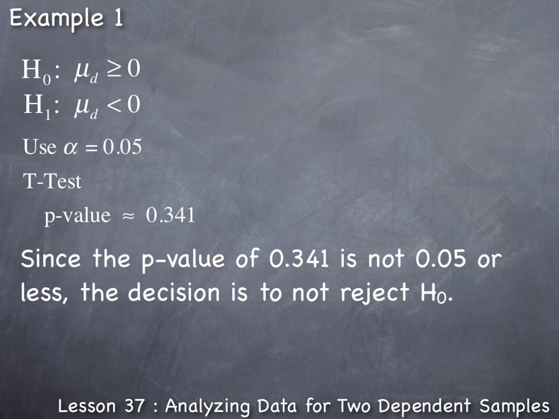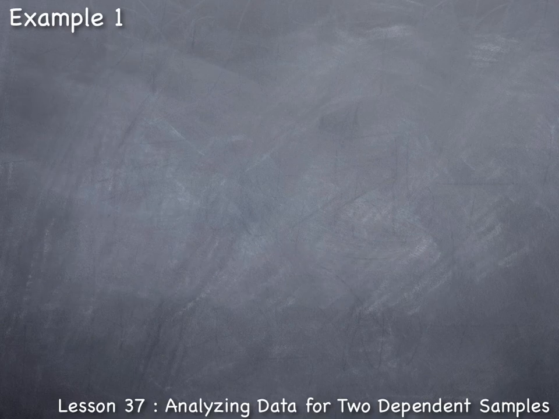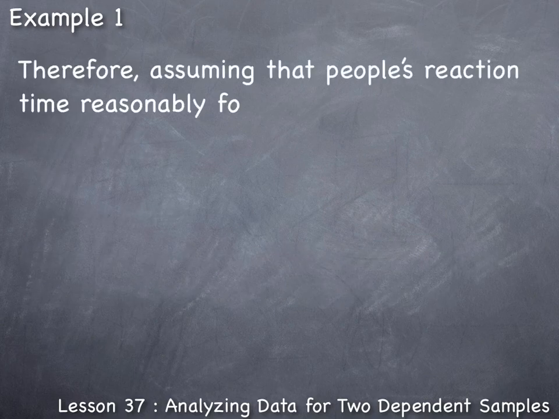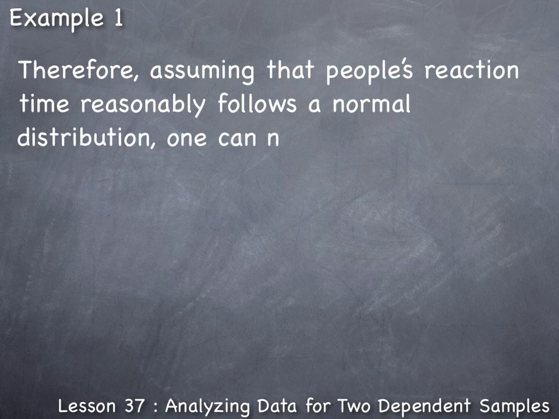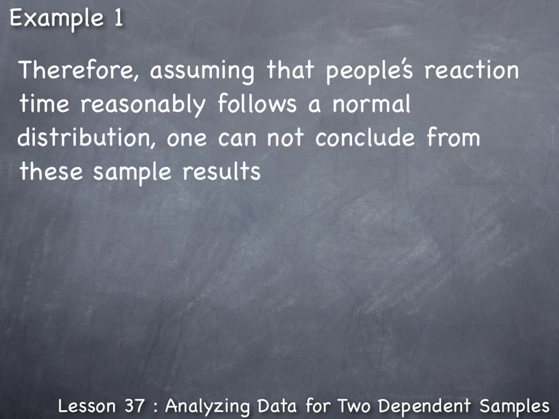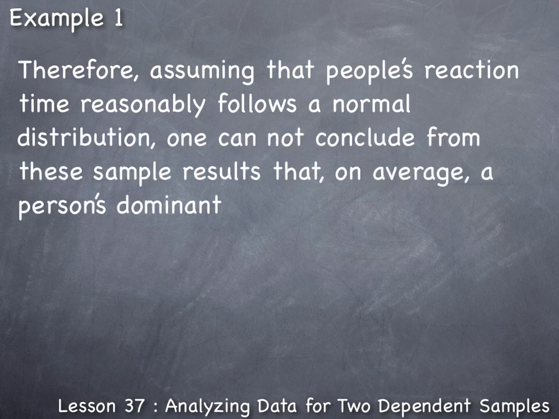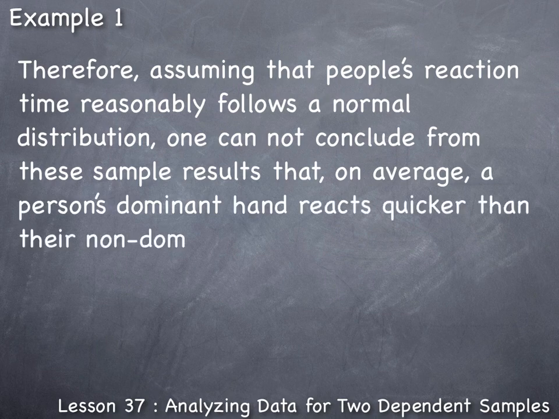So, based on our results here of our hypothesis test procedure, we can state the following conclusion. Therefore, assuming that people's reaction time reasonably follows a normal distribution, one cannot conclude from these sample results that, on average, a person's dominant hand reacts quicker than their non-dominant hand.